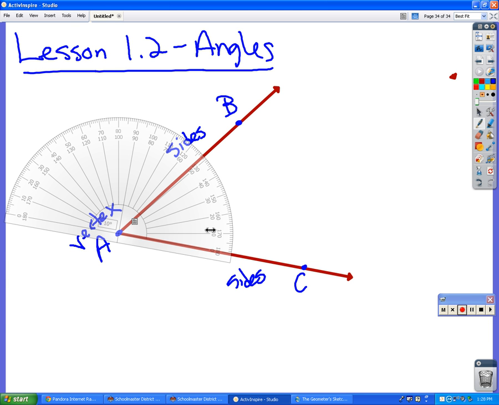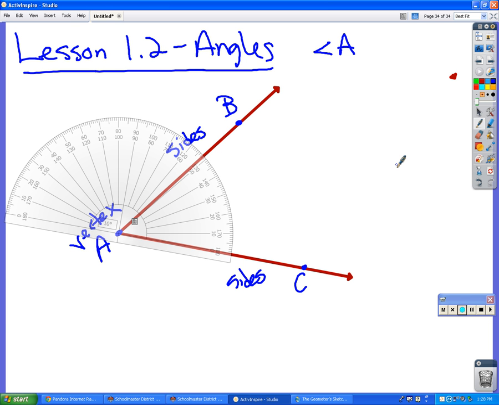Now there's a bunch of different ways that I can name this angle. I've got these letters on here. One way is to call it simply angle A, because the vertex is A. What's another way that I can do it? Angle ABC?